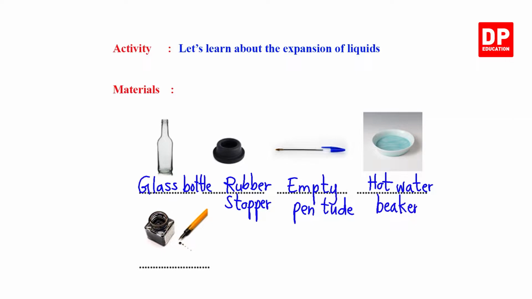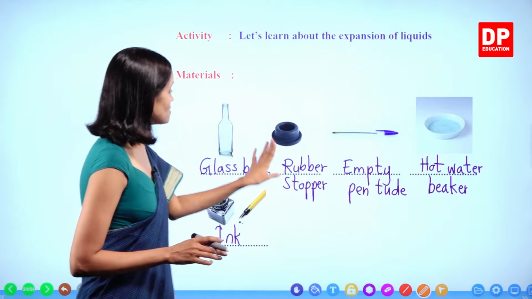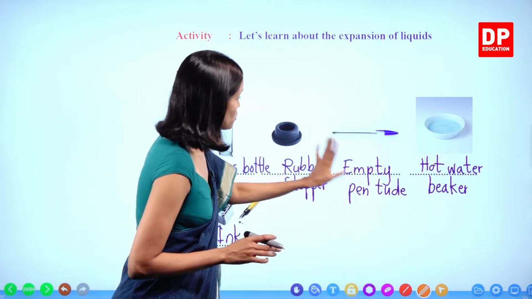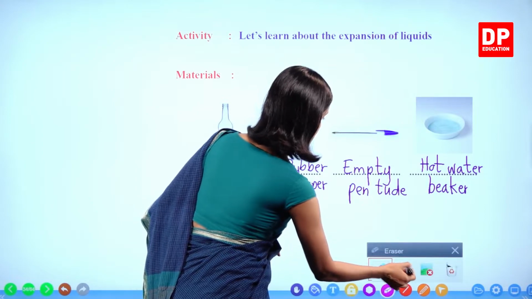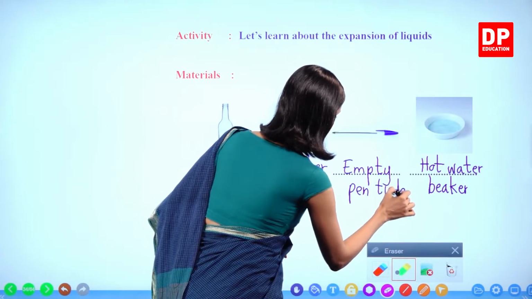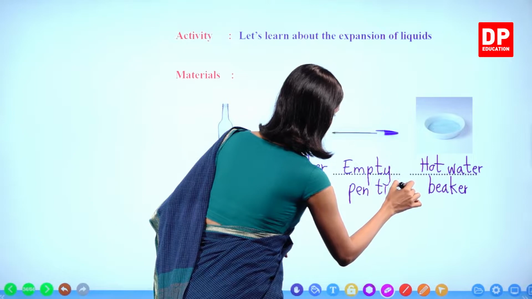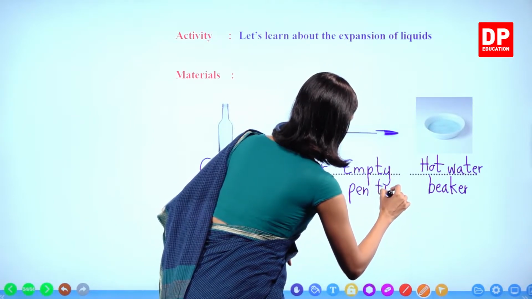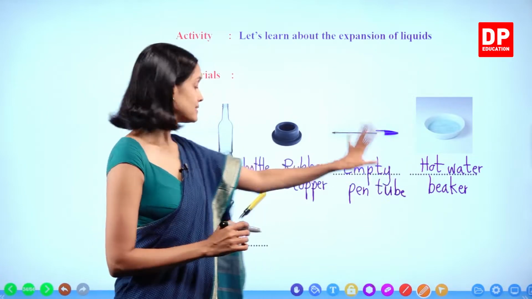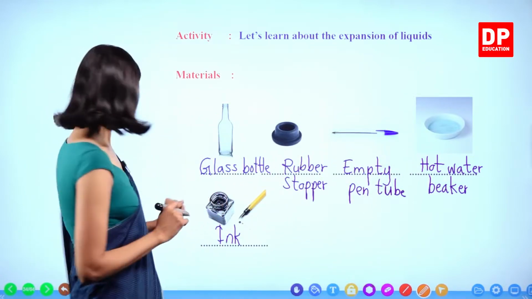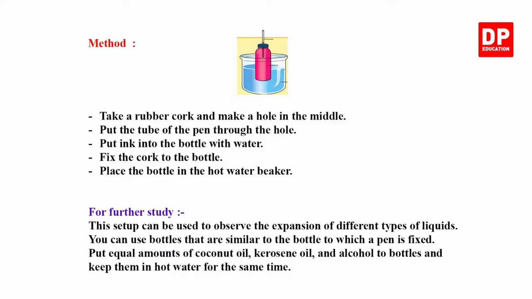And finally, we need some ink. Okay? Glass bottle, rubber stopper, empty pen tube, hot water beaker and ink. Okay? Let's see how to do this activity.